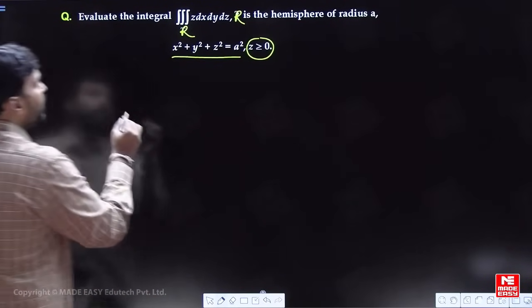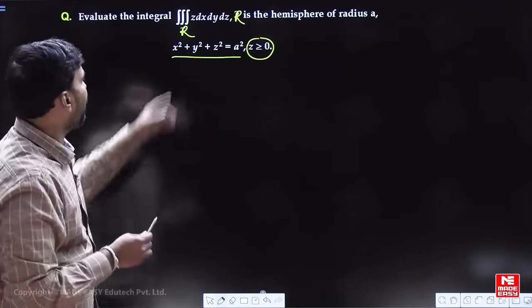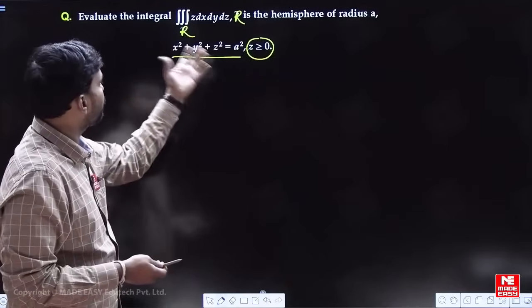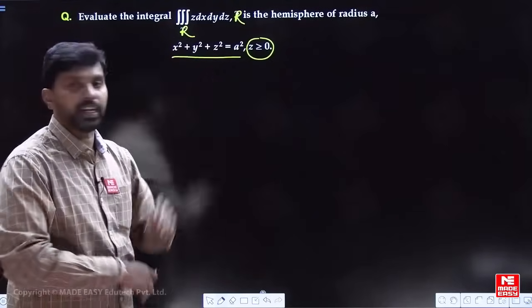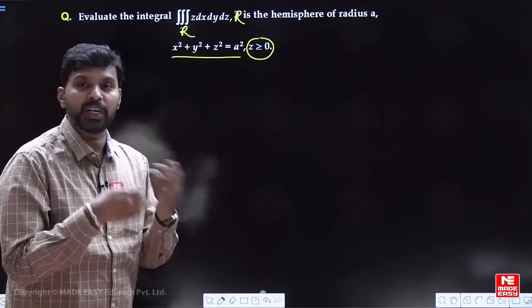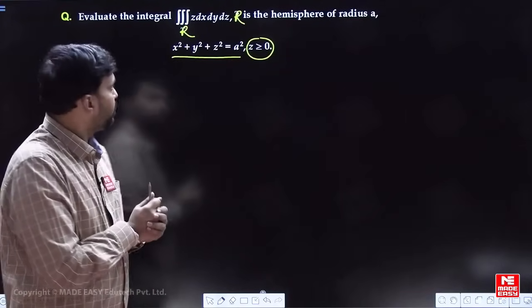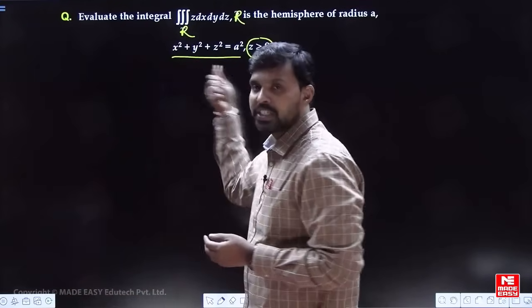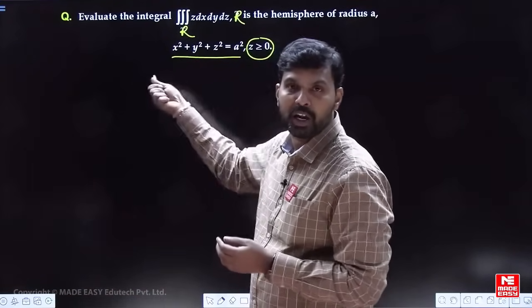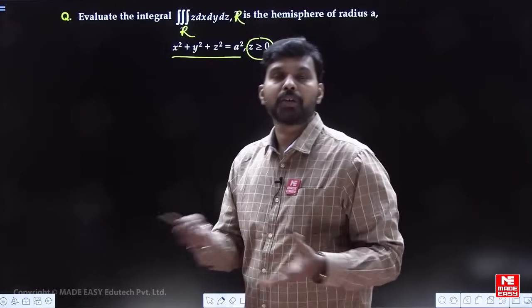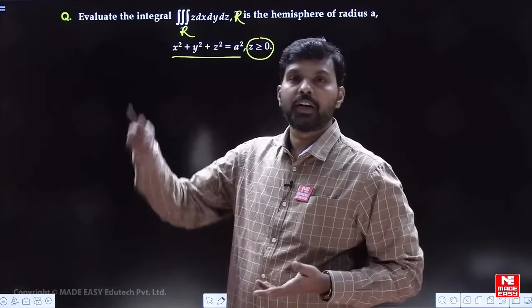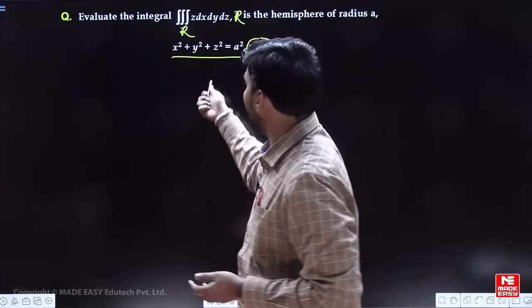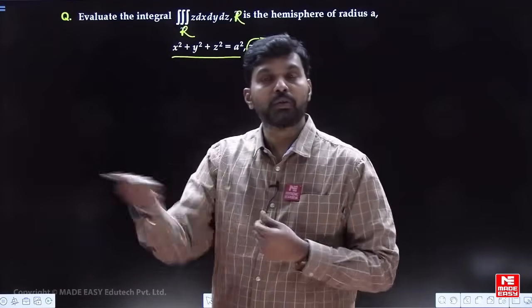Now to evaluate this, I need the limits of x, y and z. So the x limits, y limits, z limits we have to take from the hemisphere equation only. But it is always complex. When a circle equation, a hemisphere or a sphere, or some cylindrical or paraboloid kind of surfaces are given, it's difficult to take the limits and do the integration.